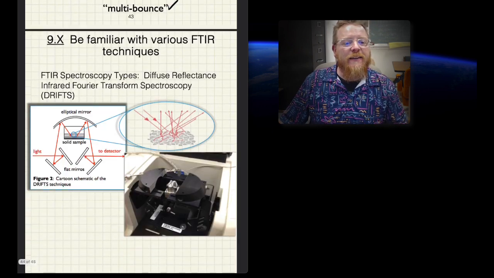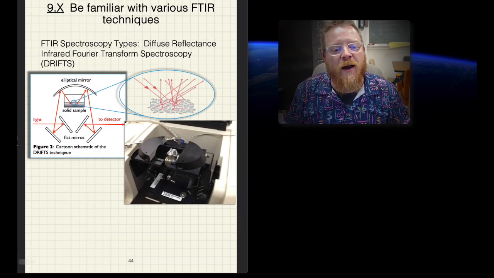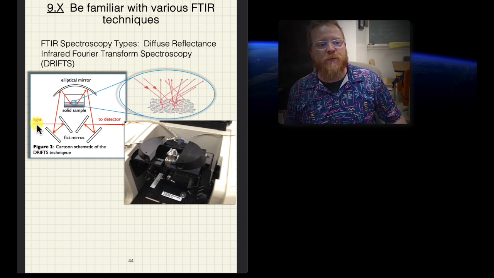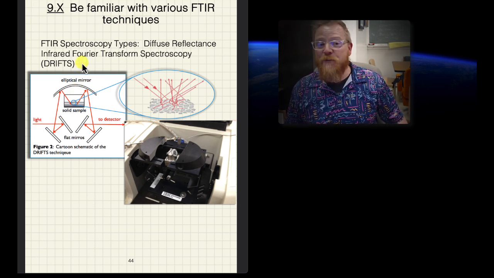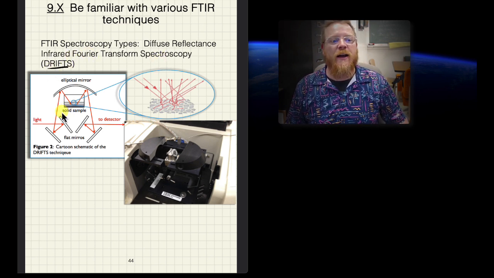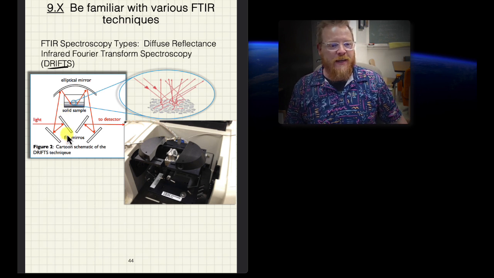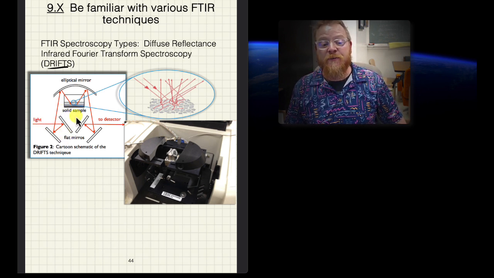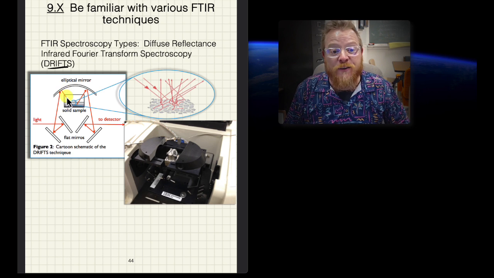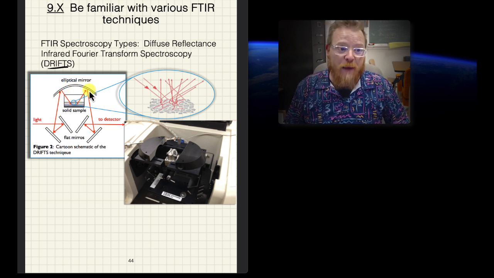Another technique that you probably weren't so familiar with before this class, but maybe in lab, hopefully you've gained some familiarity, is my favorite, the diffuse reflectance infrared Fourier transform spectroscopy technique, or DRIFTS, as the acronym says. In the DRIFTS technique, there is a convoluted set of optics, including an elliptical mirror, that allows you to focus an IR beam onto the surface of a sample.